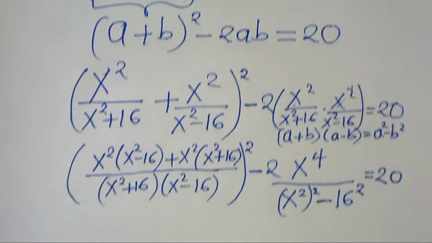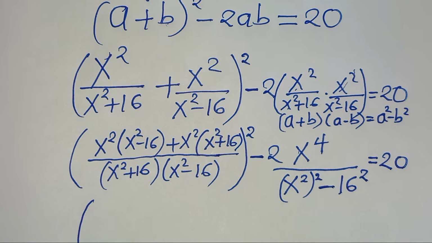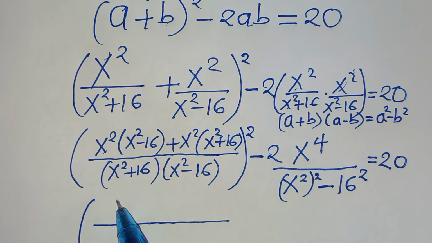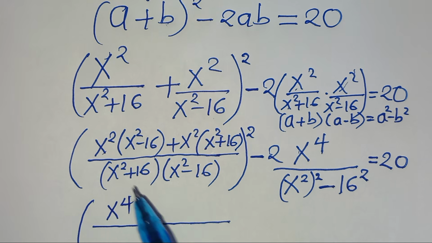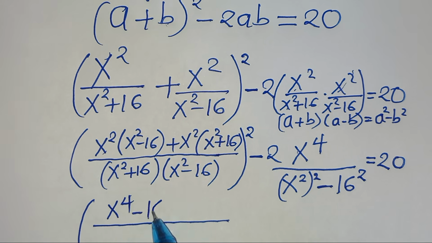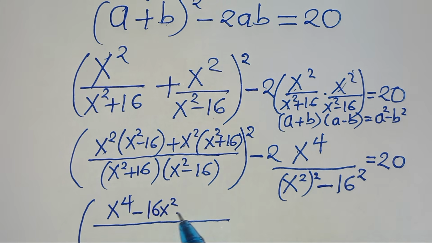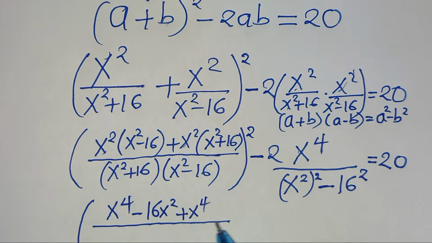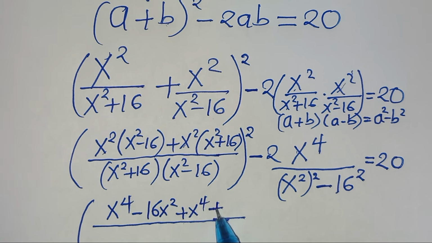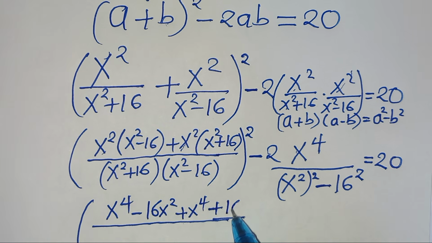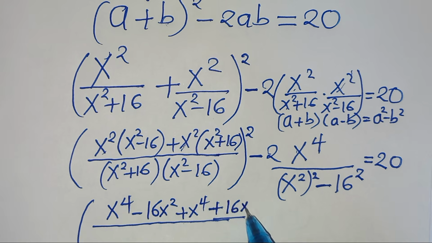Now let's proceed. In the numerator, x squared times x squared is x to the power of 4. X squared times minus 16 is minus 16x to the power of 2. X squared times x squared is plus x to the power of 4. Then plus x squared times 16, this is 16x to the power of 2.